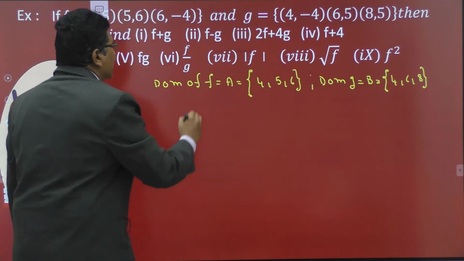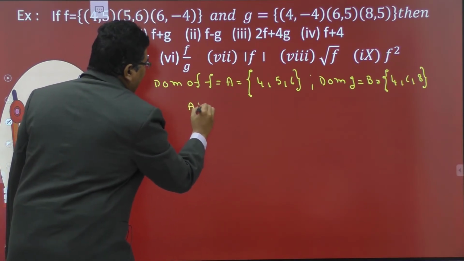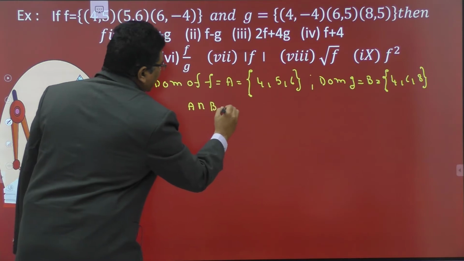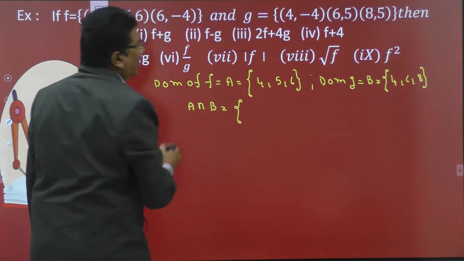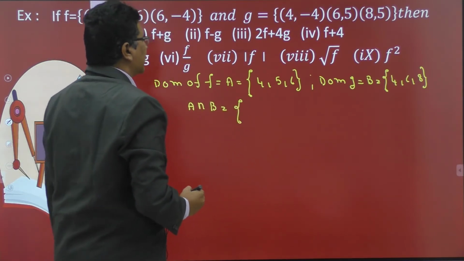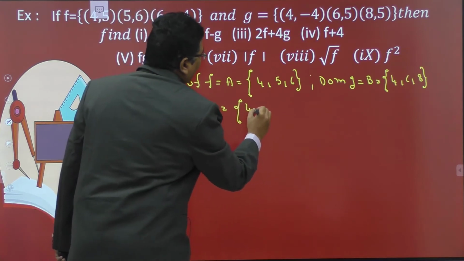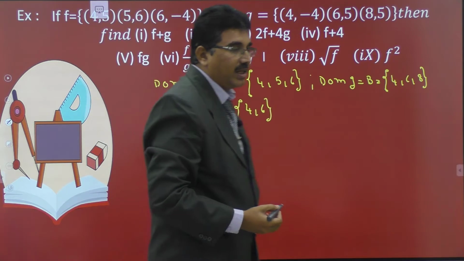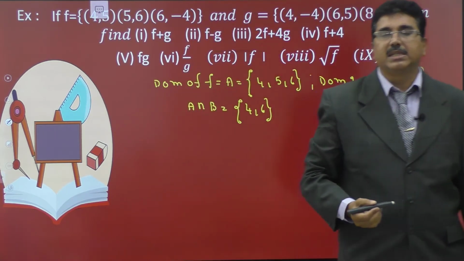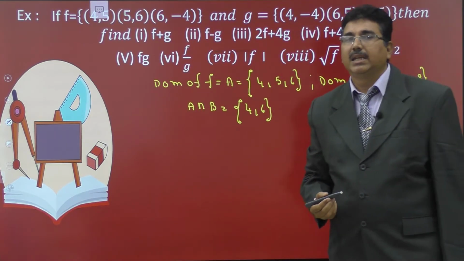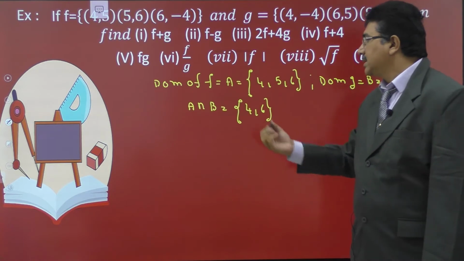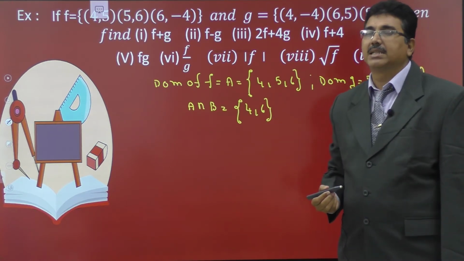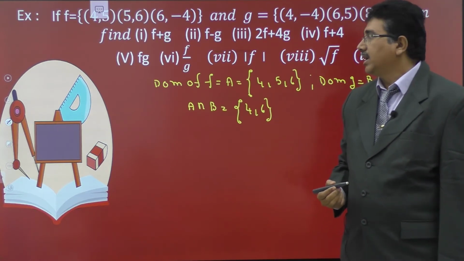Now, A intersection B is the set {4, 6}. For finding f plus g, f minus g, fg, we use the domain A intersection B. Right?